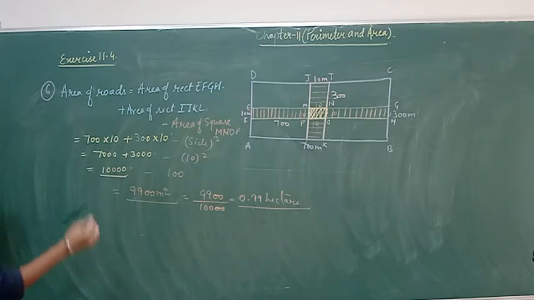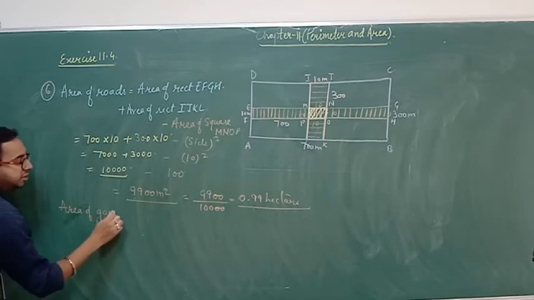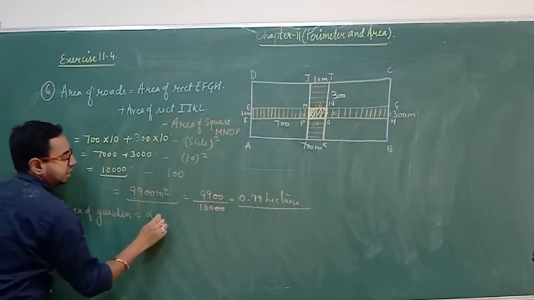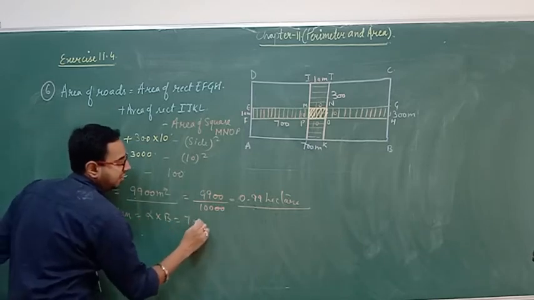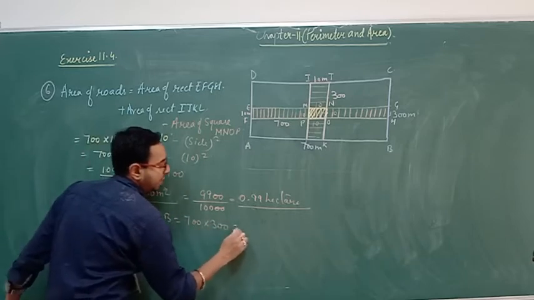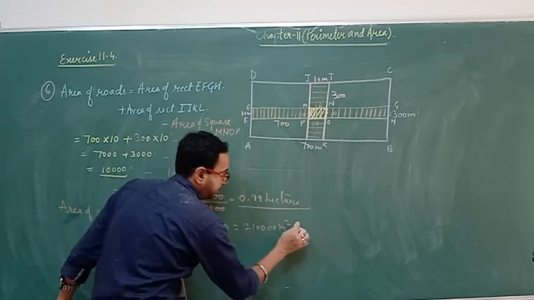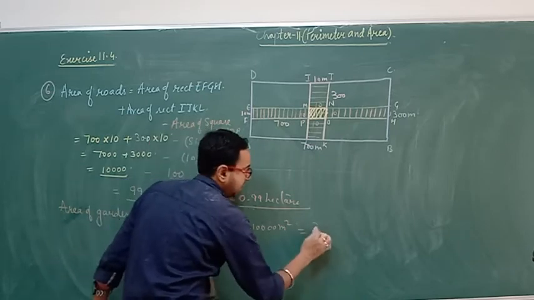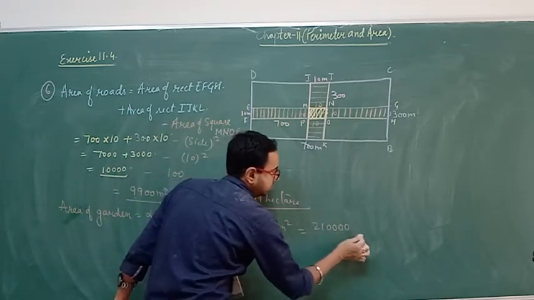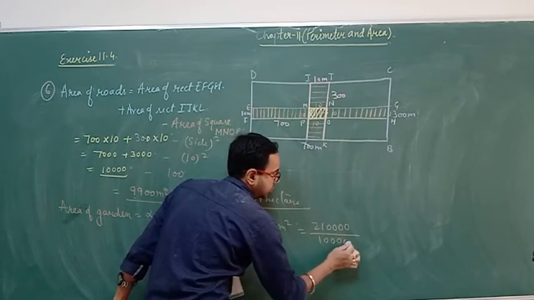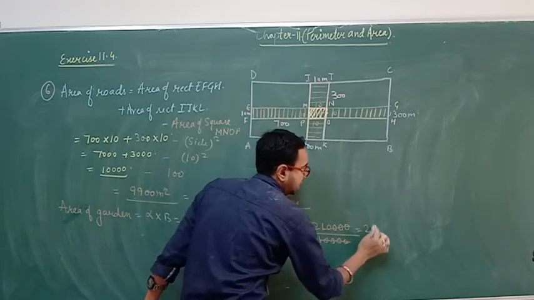Now area of garden excluding roads. So area of garden. Garden is which shape? Rectangle, that is length into breadth. That is 700 into 300. We will be getting 2,10,000 meters square. Into hectares it will be 21 hectares.